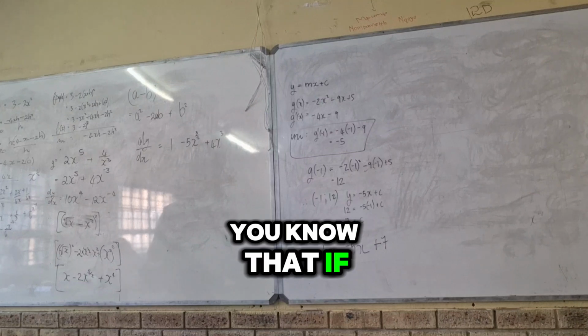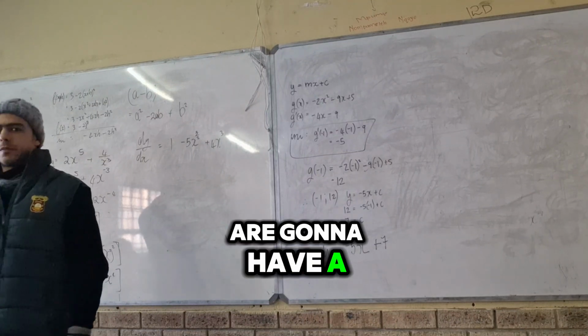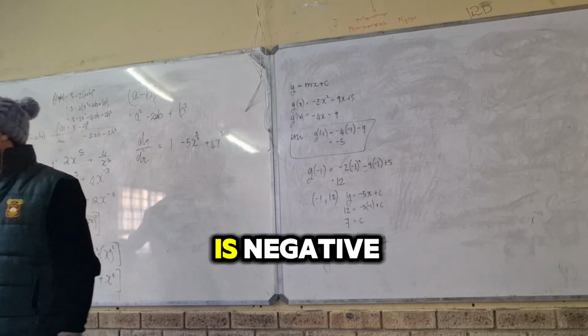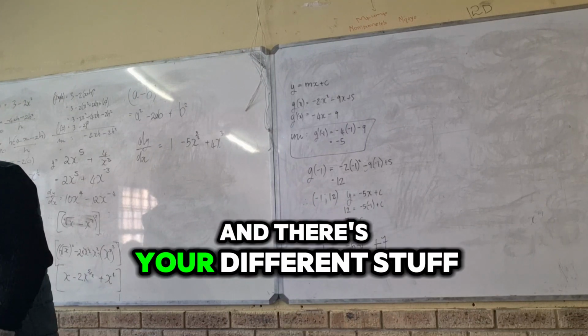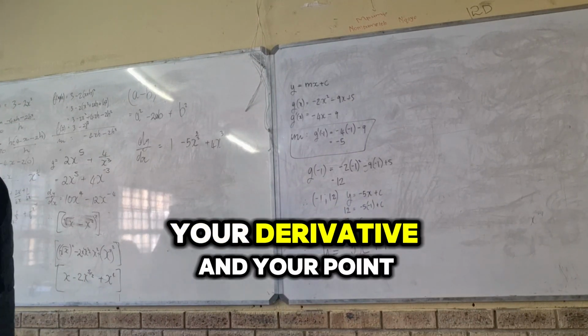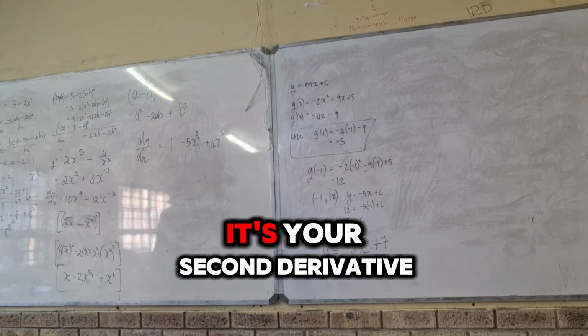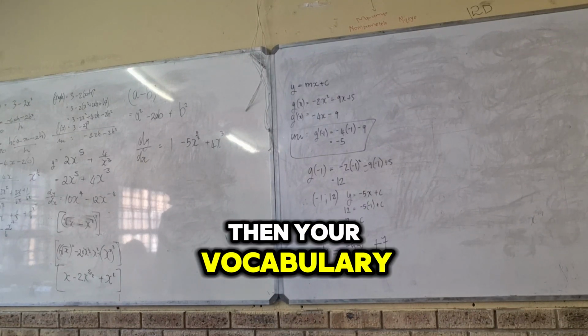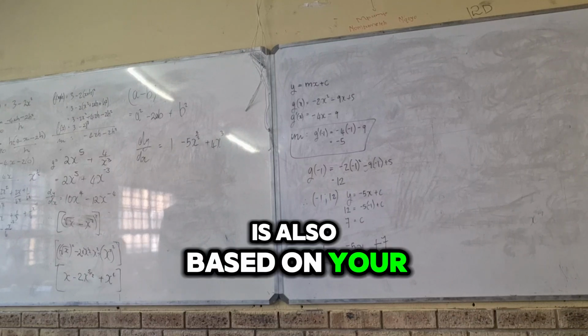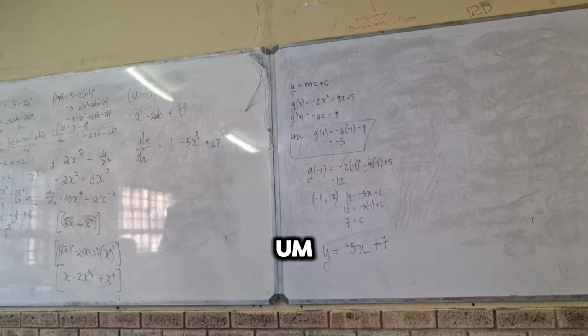If a is positive, the function goes upwards, and when a is negative, the function is decreasing. There are different ways to determine your derivative and your point of inflection, which is your second derivative. Then your concavity is also based on your second derivative being greater than or less than 0.